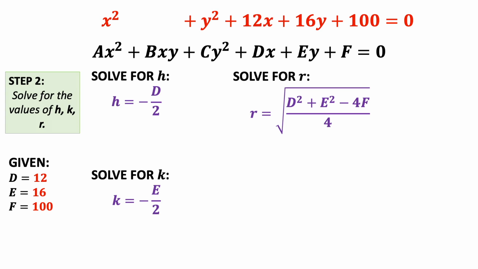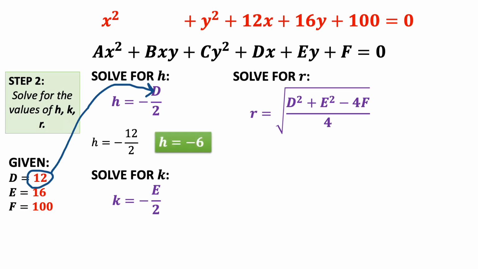Let's start with h. The formula requires me to plug in the numerical value of d to get the h value. Hence, I will have h equals negative 12 over 2. Therefore, h is negative 6.